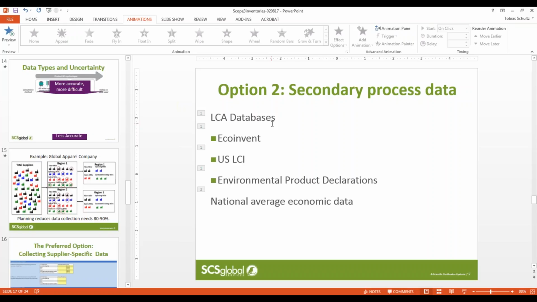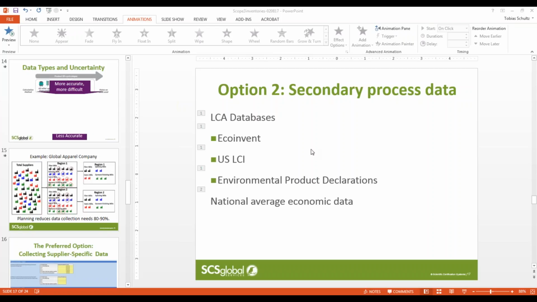A couple rules of thumb, though. EcoInvent generally is a much more accurate and comprehensive database than the US Lifecycle Inventory database. EcoInvent is kind of the gold standard for lifecycle assessment data in our view. The second one is the GABI database, which I didn't show on this slide. Those are two commercially available ones that are the most comprehensive and accurate ones out there today.